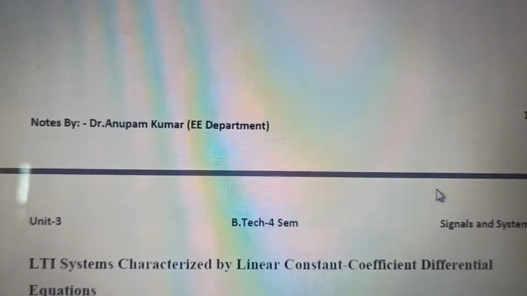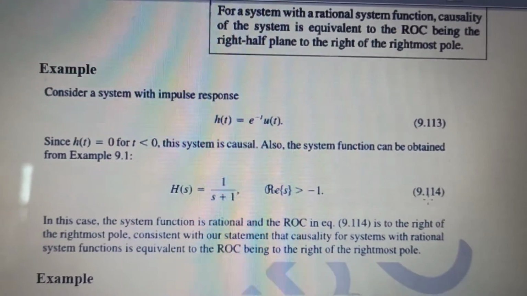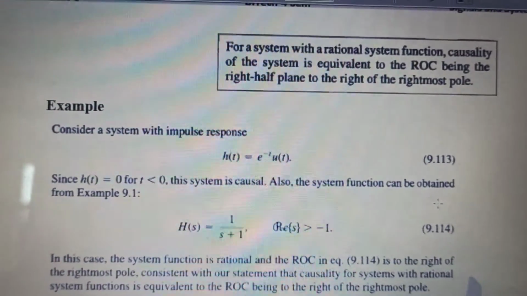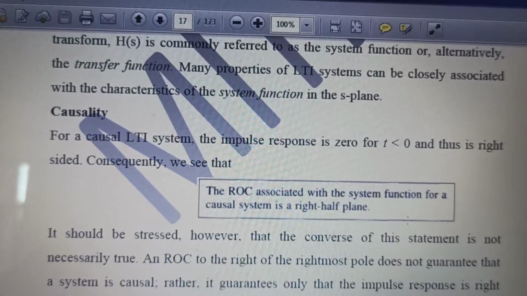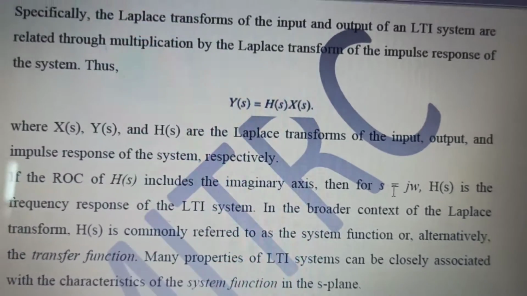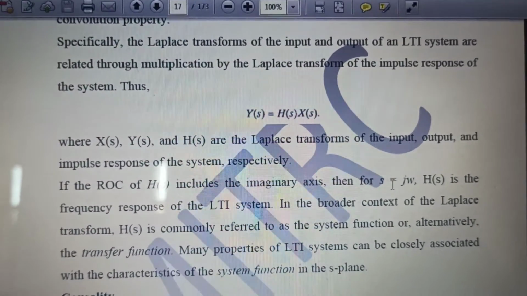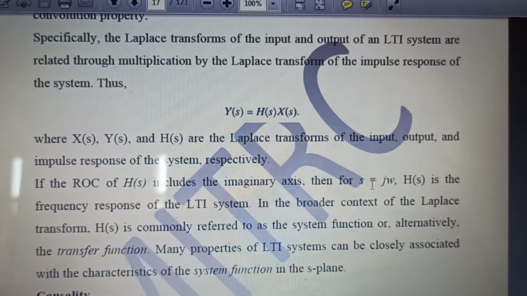For a stable system, the poles should lie on the left hand side. If the poles are lying on the j omega axis, then that system will be termed as marginally stable.